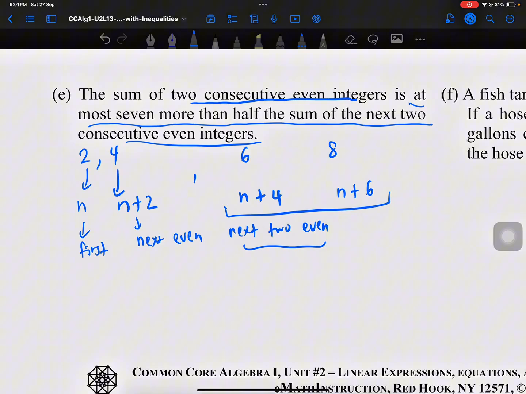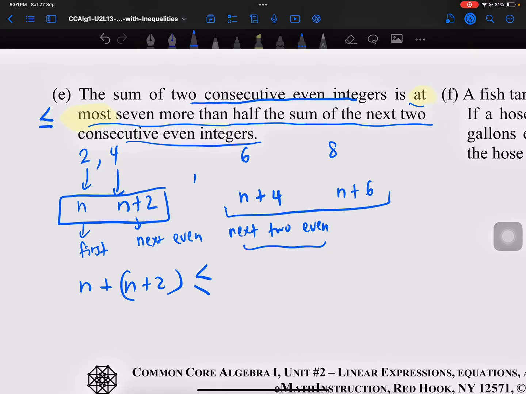And then sum of two consecutive even integers, meaning this. So n plus 2. At most, we have this one keyword. Our keyword at most, we will use lesser, equal.